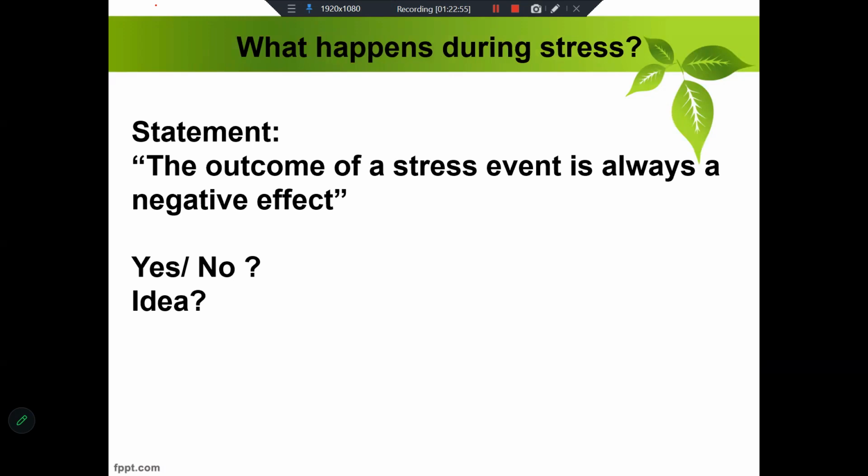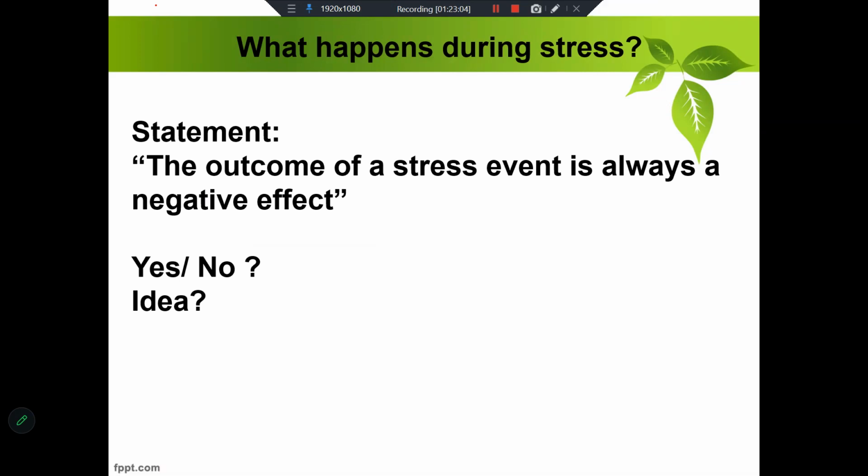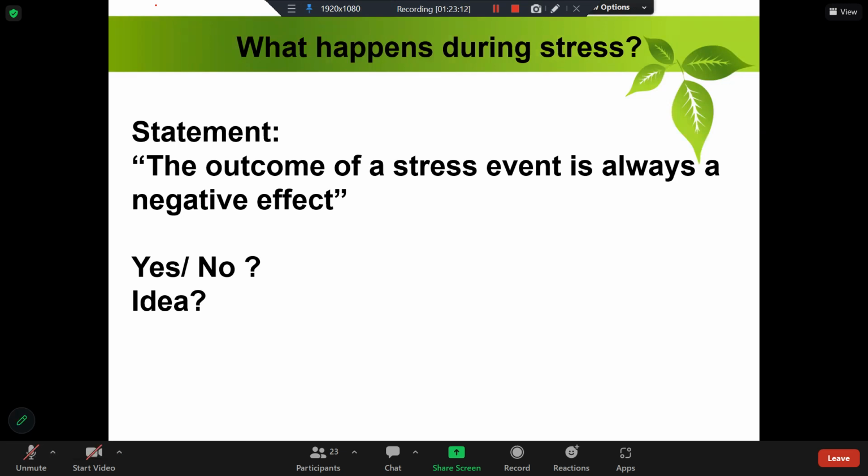Positive. Okay, why do you think it is positive? Yeah, sometimes it can prevent the plant. Can you complete?